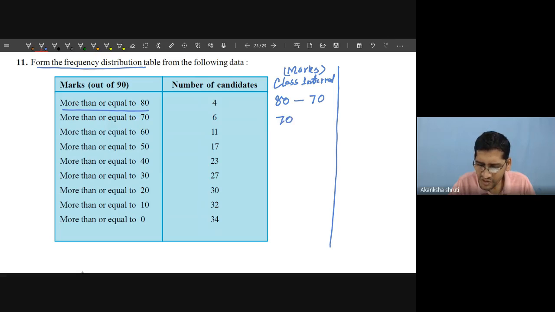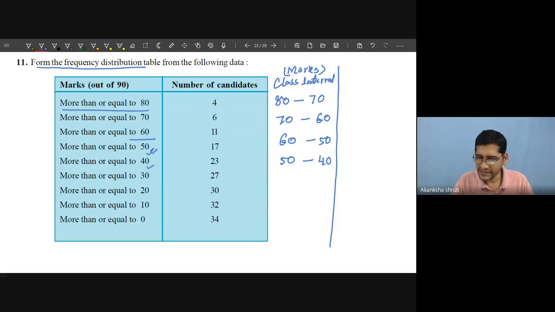Then 70 to 60, then it is more than 60. Here we are getting the next limit with a lesser difference, so put it 50. Next one is 40, 50 to 40. Is it correct or is some correction required? Yes, student?